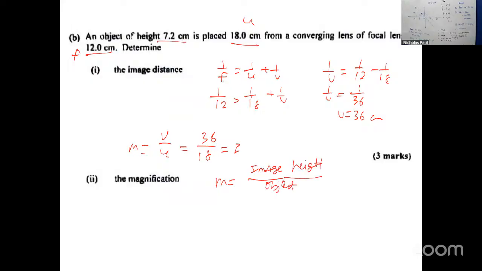It gave us image height, object height here, and we know magnification. So that'll be 7.2 multiplied by 2. Anybody got that? 14.4.